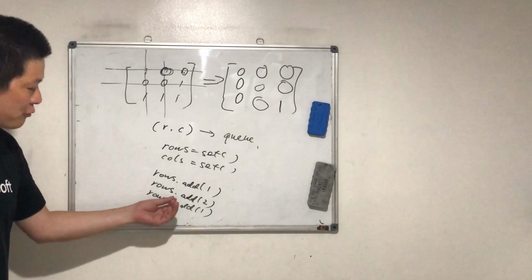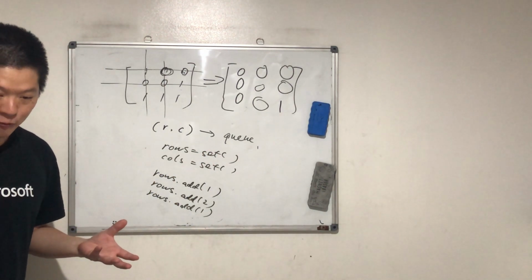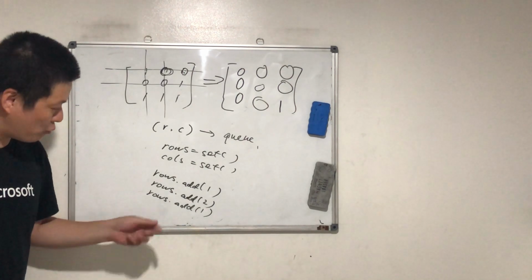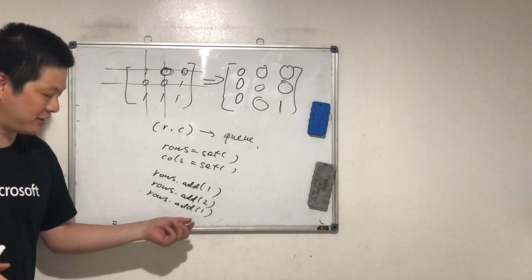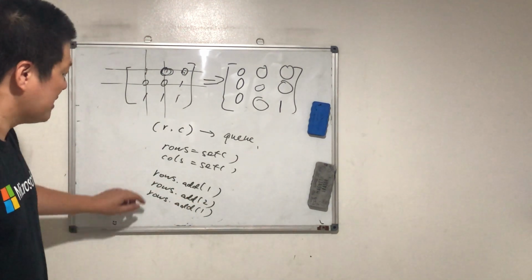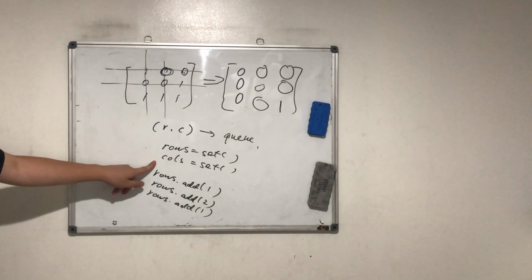It doesn't have a second 1 because a set only contains unique numbers. Since 1 has appeared before, we only record it once in the set. So once we have these rows and columns, what do we do now?